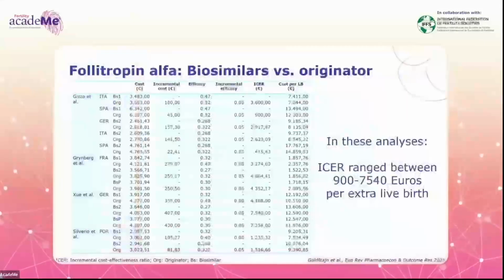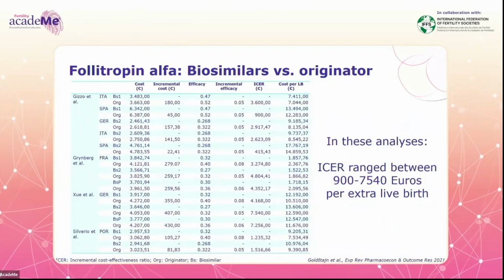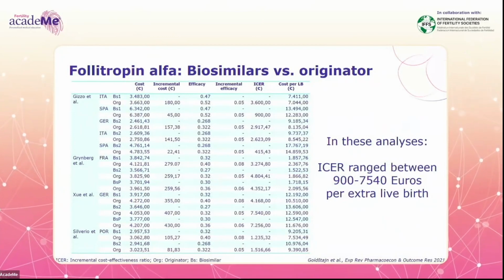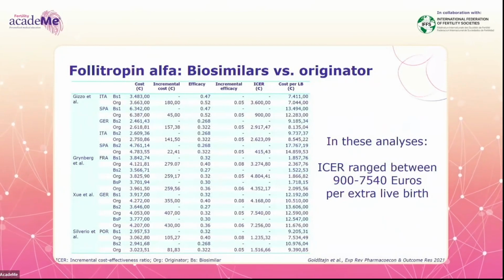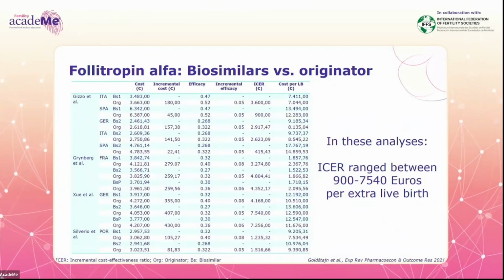The authors took cost-effectiveness analyses comparing biosimilars of follitropin alpha with the originator product, performed in different settings in Italy, Spain, Germany, France, Portugal, and they looked at all the studies.